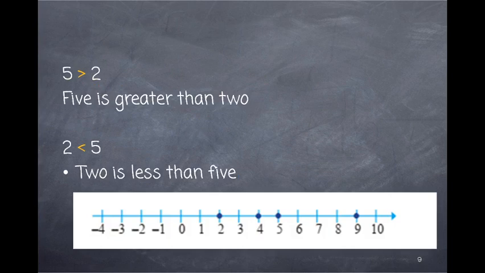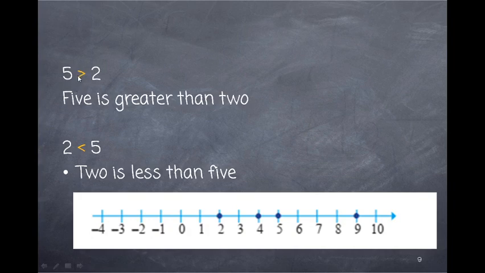Look at this example. 5, 2. Here we read this as 5 is greater than 2. On the left side we have 5 and on the right side we have 2.